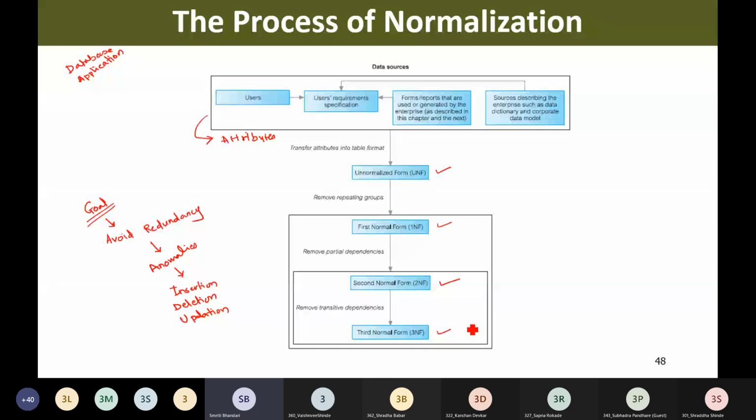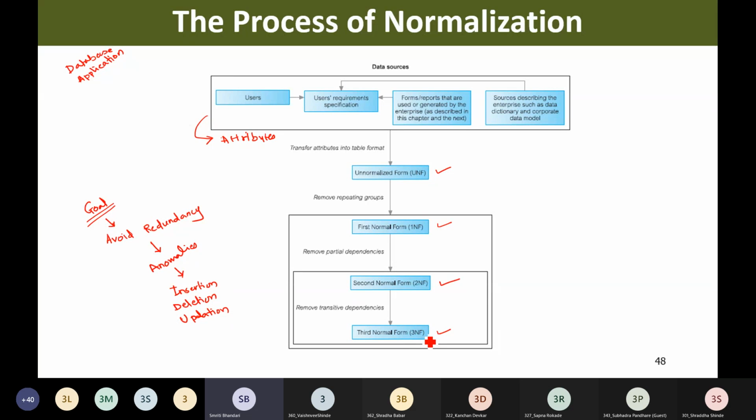So if I have 1NF, that is not enough, so I may proceed with 2NF. If I have the database in 2NF, I may still have some transitive dependencies, and those may result in updation anomalies. So once again, I need to remove those transitive dependencies from 2NF, and that is why I may go for third normal form, that is 3NF.